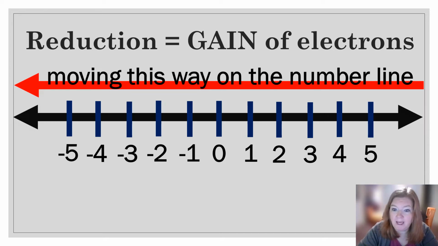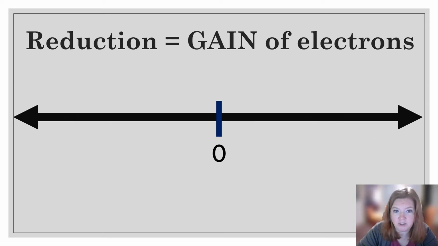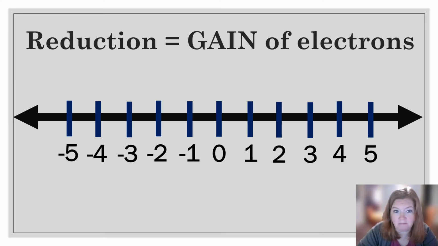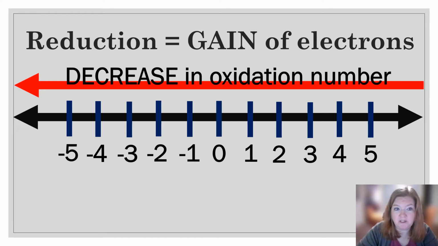So what would happen to the oxidation number? What is happening to these numbers as we move this way? Yes, the numbers are going down. So reduction is a gain of electrons, we move this way on the number line. So that means reduction is a decrease in the oxidation number.